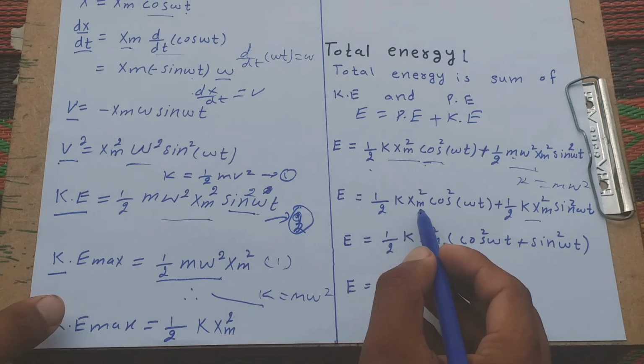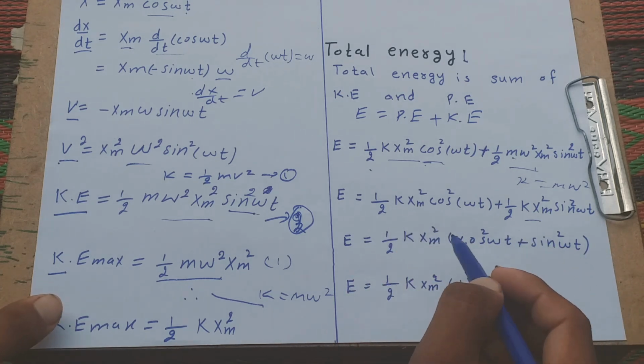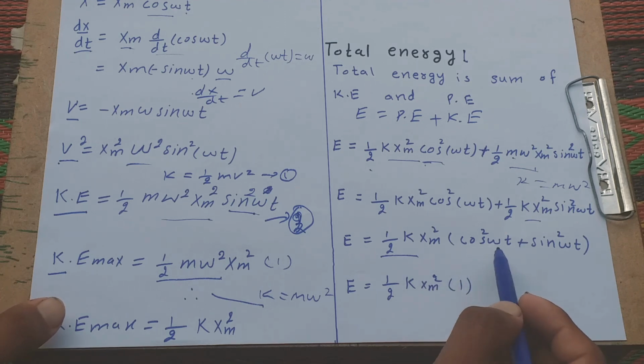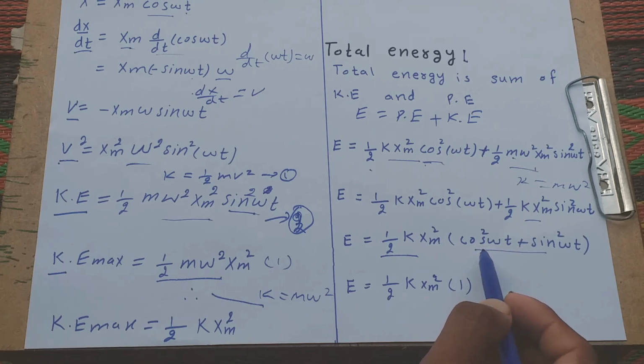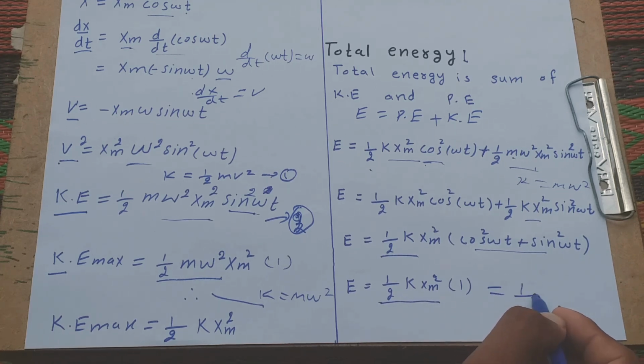Okay, and we know that omega square is equal to k over m, we use it here, and half k xm square is common in both terms, so we take it in common. We know that this is a trigonometric identity: cos square omega t plus sine square omega t is equal to 1. We use it here, and this is the total energy in a simple harmonic oscillator.